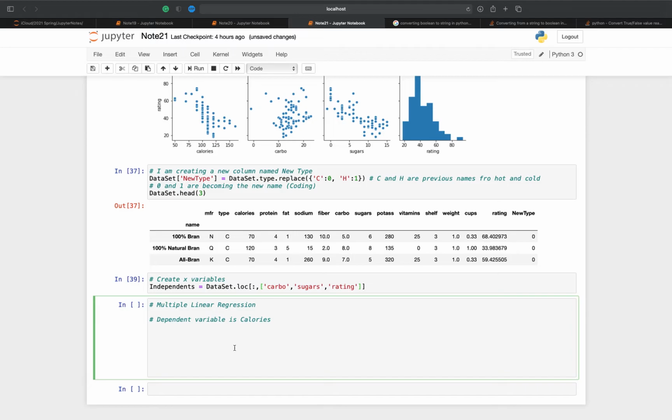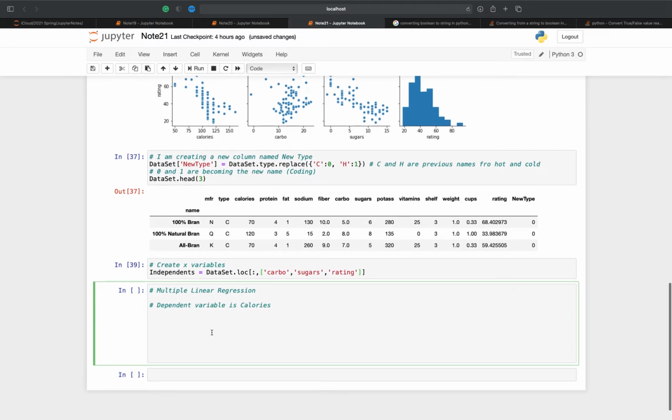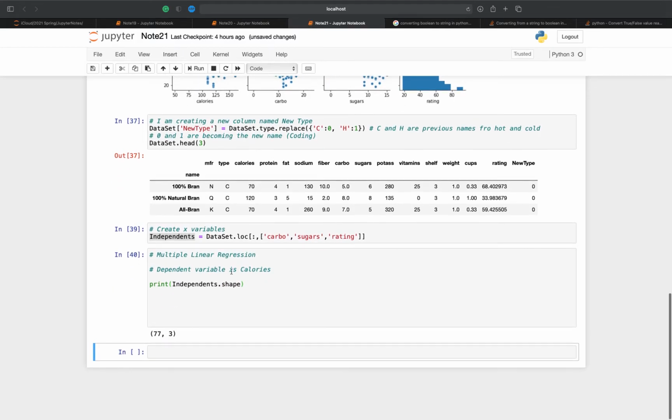Okay, so let's get some information, like let's print the independent dot shape, which gives us 77 individuals, and we have 3 variables, as you know, and I'm going to create my model. SKLM. Am I right?